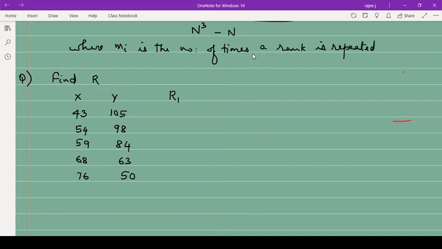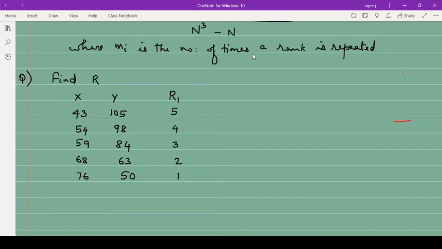As I told you, if you are giving the first rank to the highest value here, the same you have to do here also. So among this, the highest value is 76. So here I will write 1. Then the next value is 68, so I'll write 2, then 59 is the next one, 3, then 4, 5. It is not necessary that the data will always be given in this order.